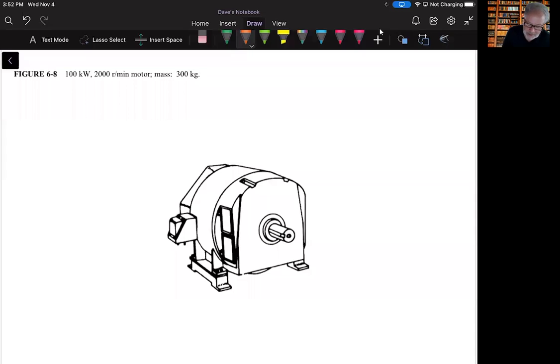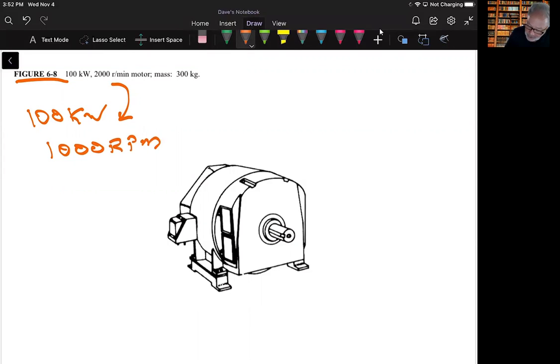So Wildi says, consider this 100 kilowatt, 250 volt, 2000 RPM generator that we have here in figure 6.8. And suppose we have to build another generator that also has 100 kilowatts and the same voltage, but we want it to run at half that speed, or 1,000 RPM.